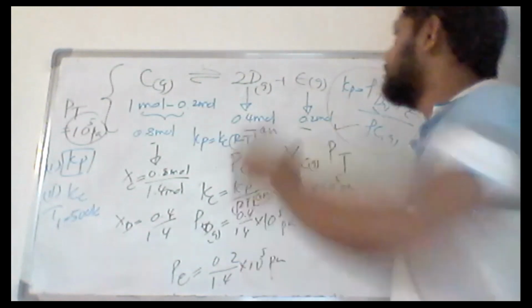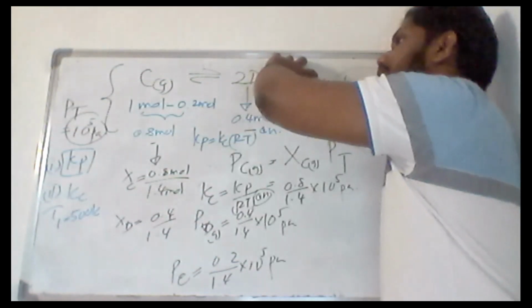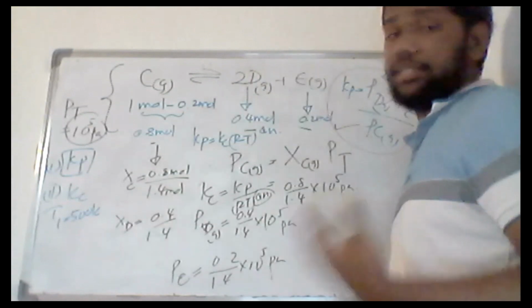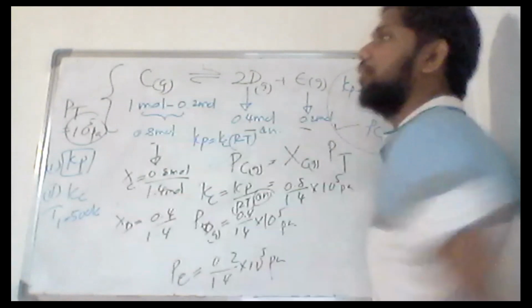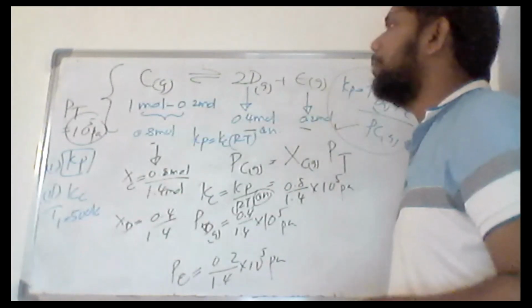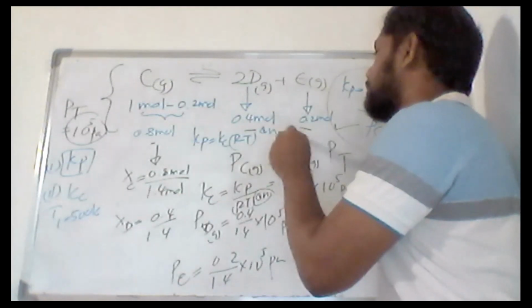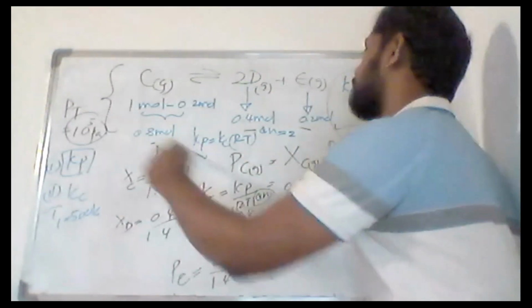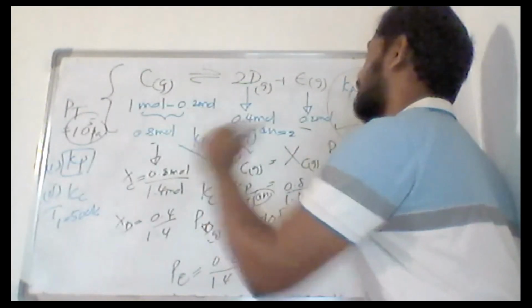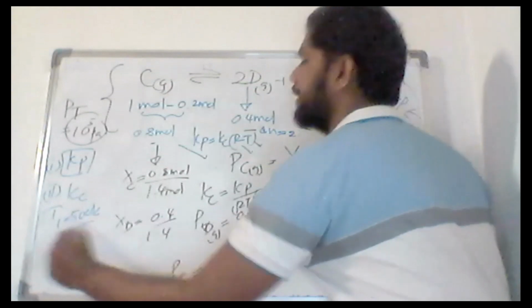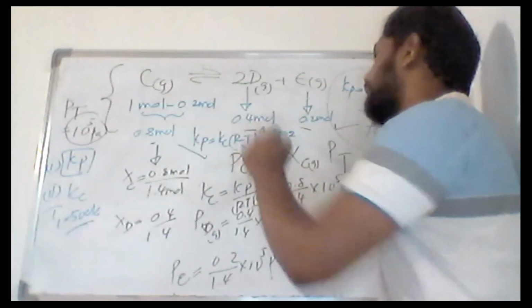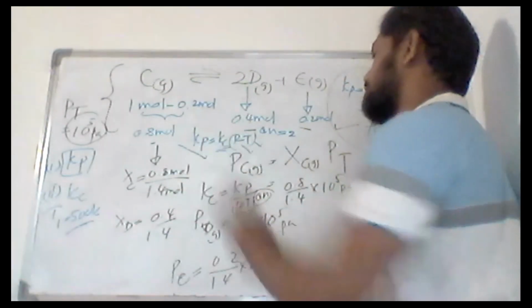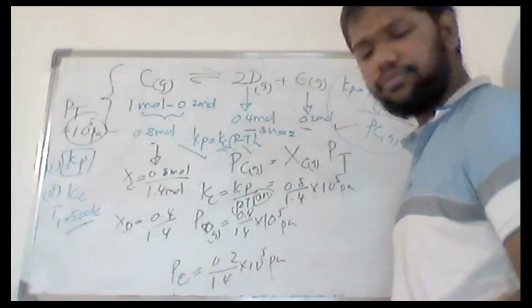Delta n means the number of moles on the product side minus the reactant side. So for the product there is 3 and for the reactant there is only 1 species. So 3 minus 1, your delta n will be 2. And since you know Kp, you know R, and you know T because the temperature is given as 500 Kelvin here, you can plug in delta n as 2 and you can find Kc here.